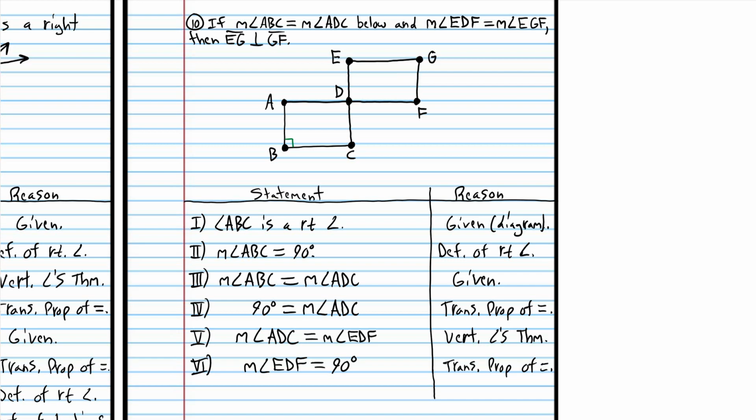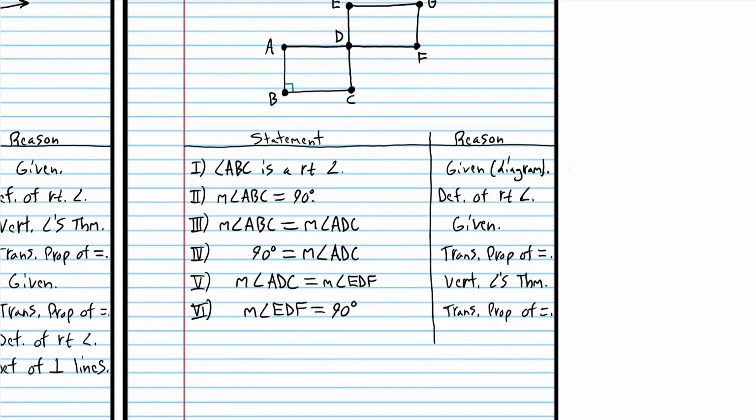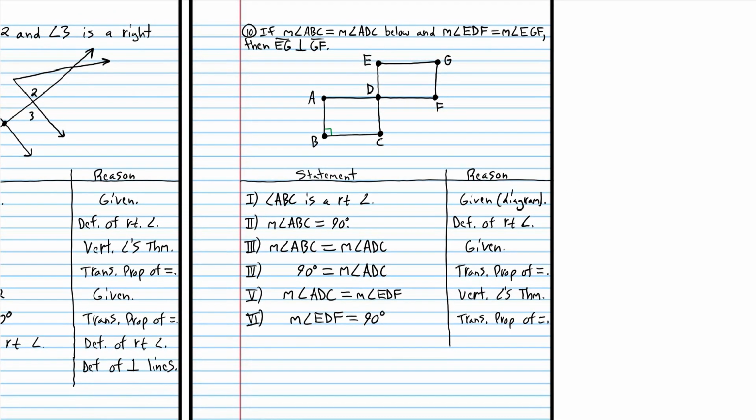All right, so now we've proven that this angle is 90 degrees. So now we have to use the other piece of given information up here. We are told that the measure of angle EDF is equal to the measure of angle EGF.